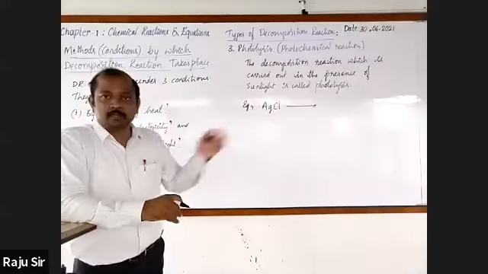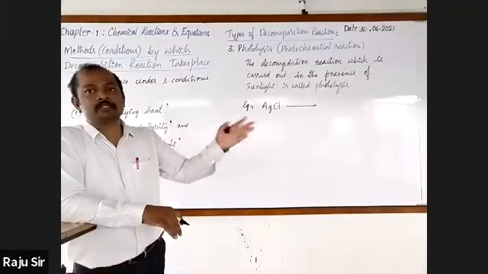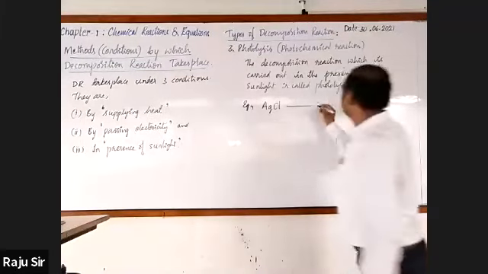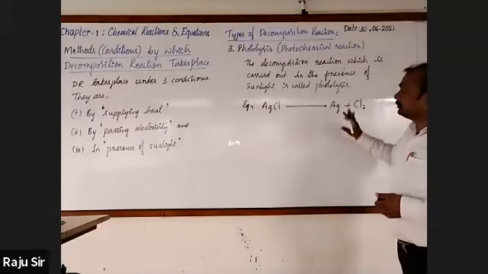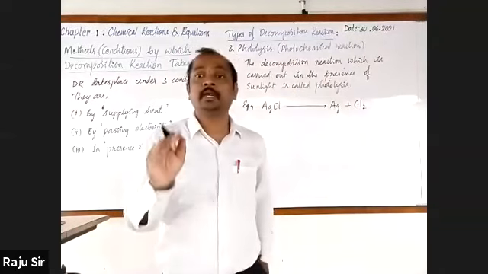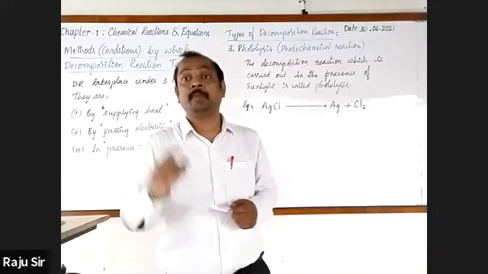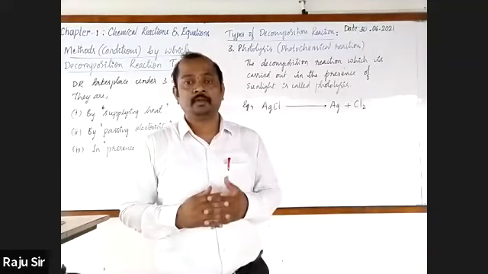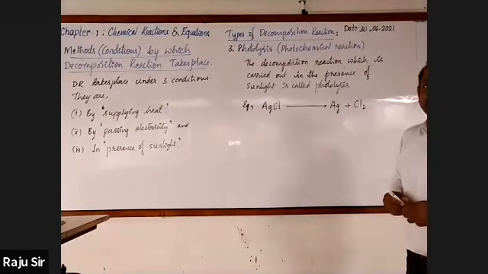When it is exposed to the atmosphere, in the presence of sunlight, it decomposes into silver and chlorine. Please do remember, this chemical reaction is used for black and white photography. This is another use of decomposition reaction.